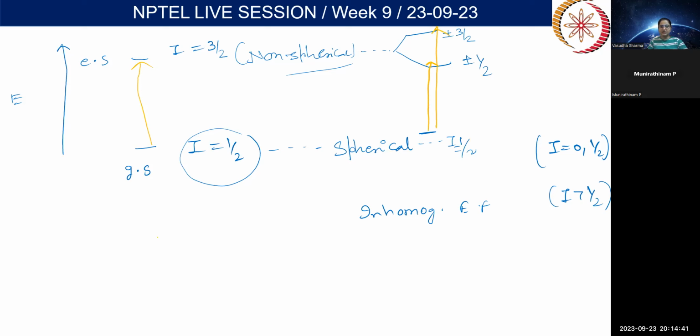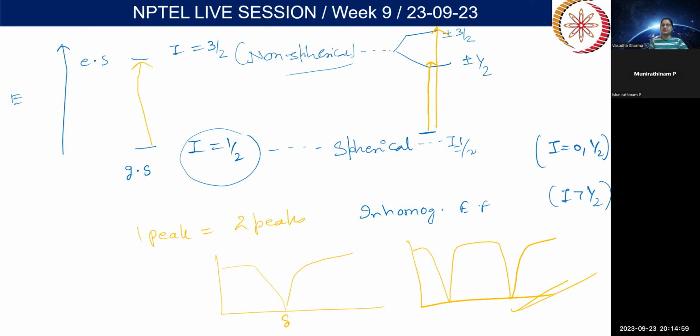So one peak got split into two peaks. If earlier the spectrum came like one peak at any delta value, now it comes like a splitting of this particular peak. So this is my spectrum when I have an inhomogeneous field as well as a non-spherical nucleus. So is this clear? Clear, ma'am.